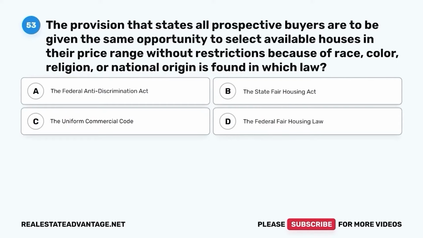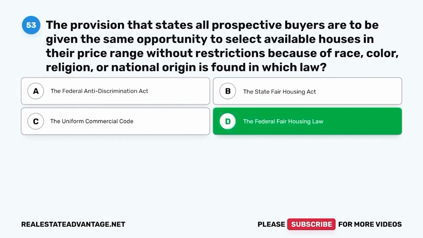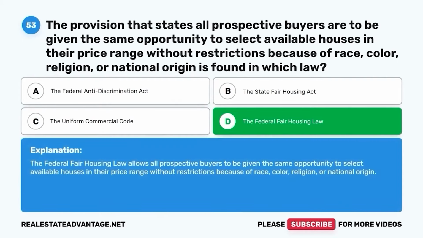D. The Federal Fair Housing Law. The correct answer is D. The Federal Fair Housing Law. The Federal Fair Housing Law allows all prospective buyers to be given the same opportunity to select available houses in their price range without restrictions because of race, color, religion, or national origin.